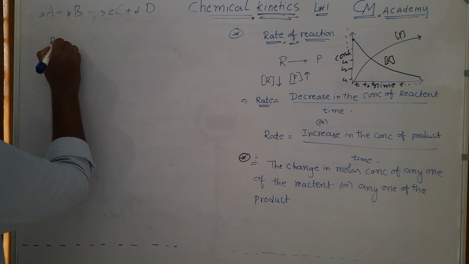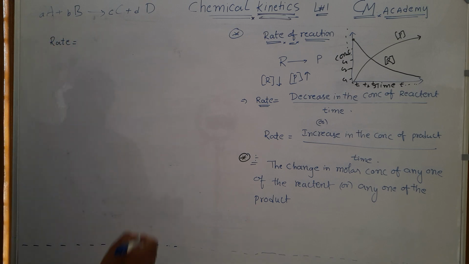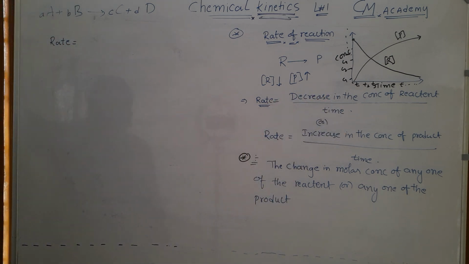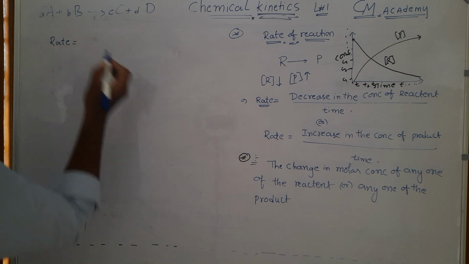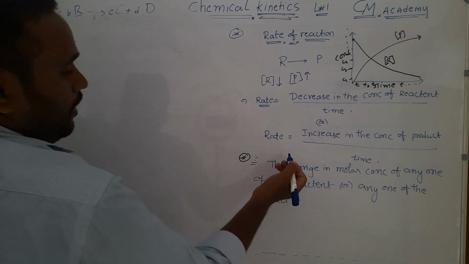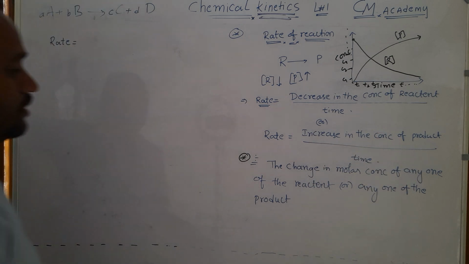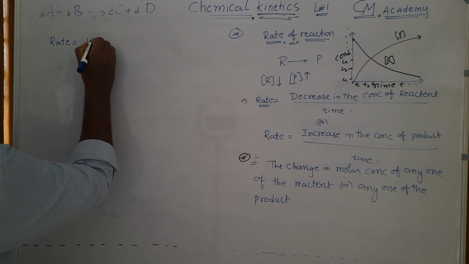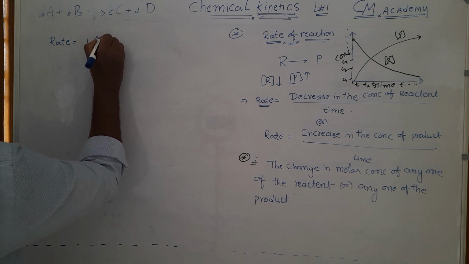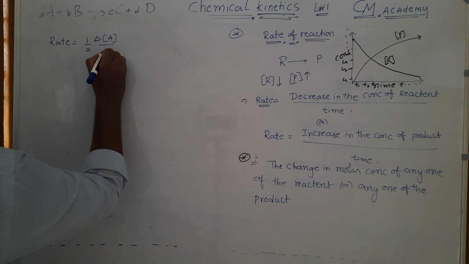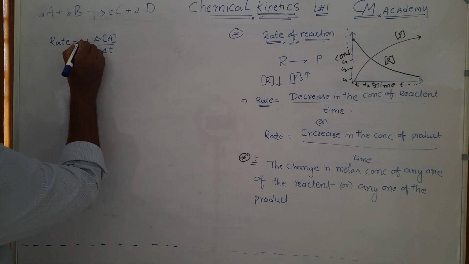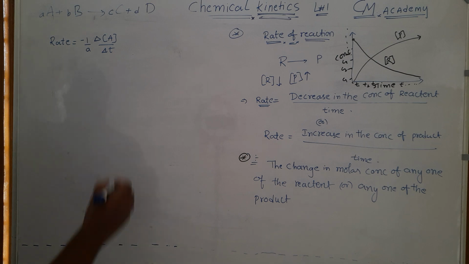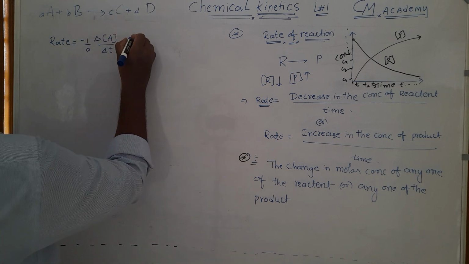Now, rate is equal to the decrease in the concentration of reactant with respect to time. The more proper definition is the change in molar concentration for 1 mole, so minus 1 by a, delta A by delta t. Here we are keeping the minus sign; I will explain why later.